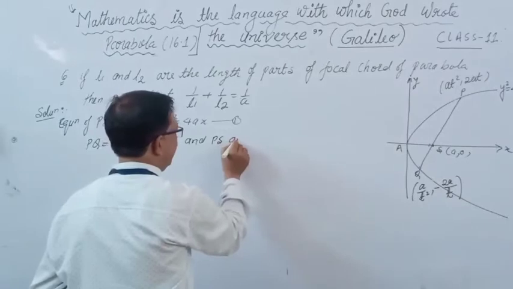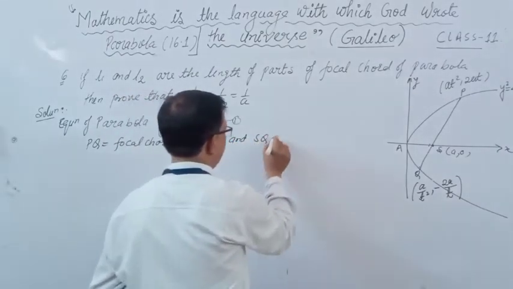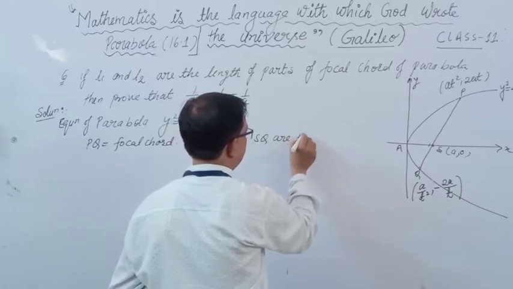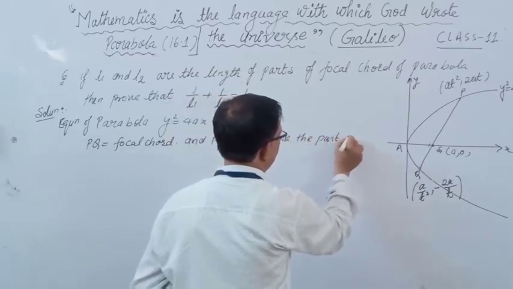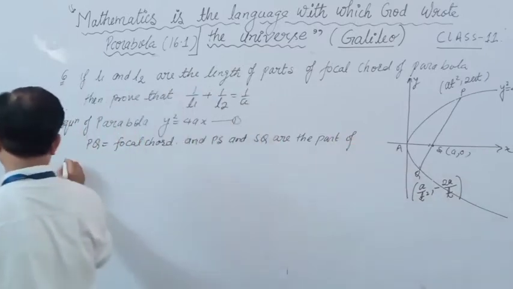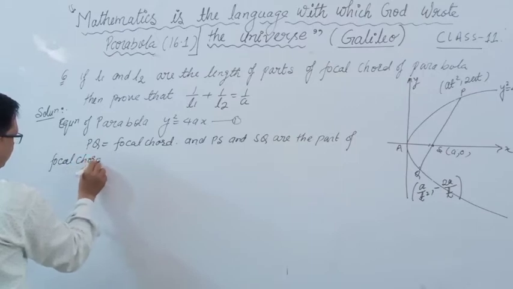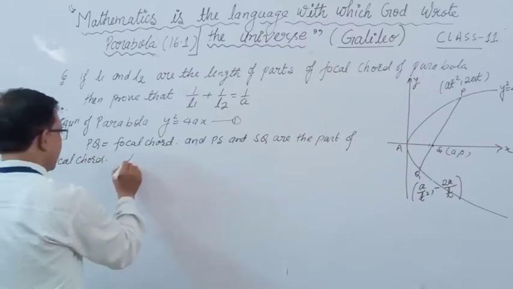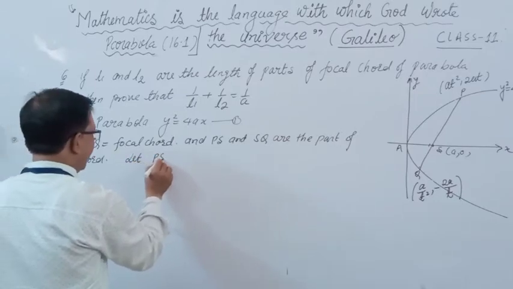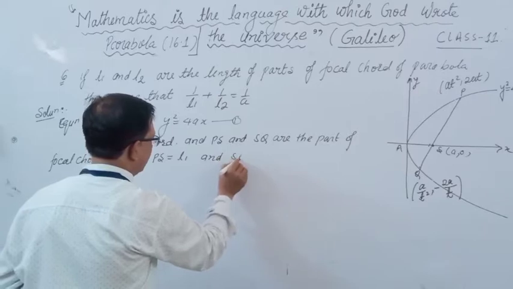PS and SQ are the parts of the focal chord. So let PS be equal to L1 and SQ be equal to L2.